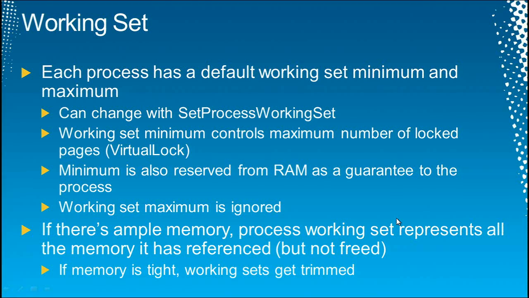And now the system can use that physical memory for other purposes, but if I want it, I get it. And if I've got 1 gig of RAM and I set a process working set min of 512 meg, I can't create a second process with that working set min because the system wouldn't be able to reserve that amount of physical memory for me.